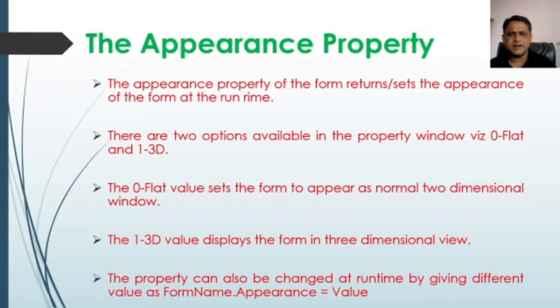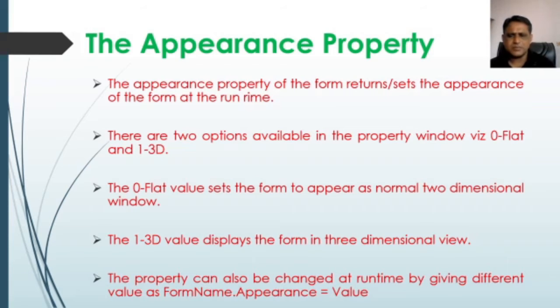The available options for the Appearance property are 1 (3D) and 0 (Flat). The default value is 1 3D, and it can be changed to 0 Flat during execution.